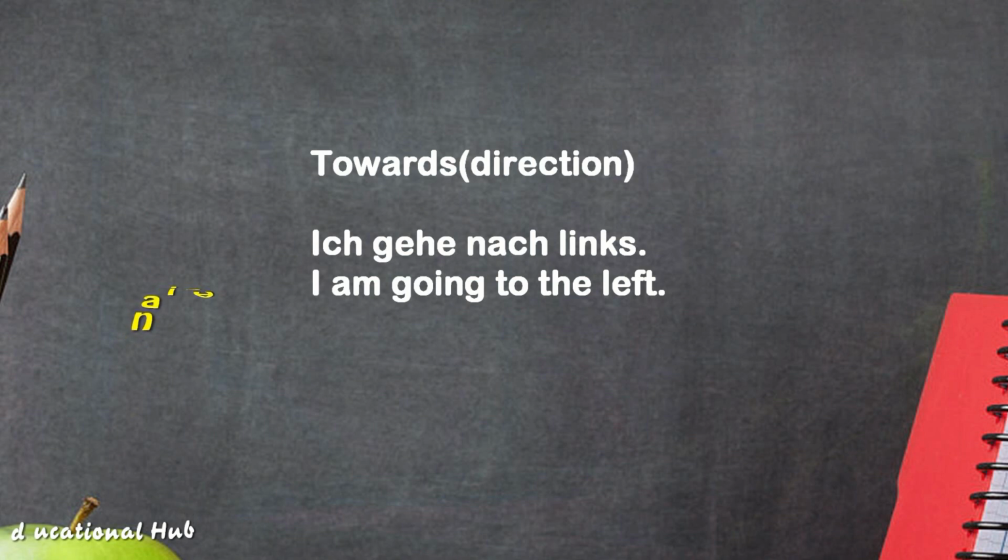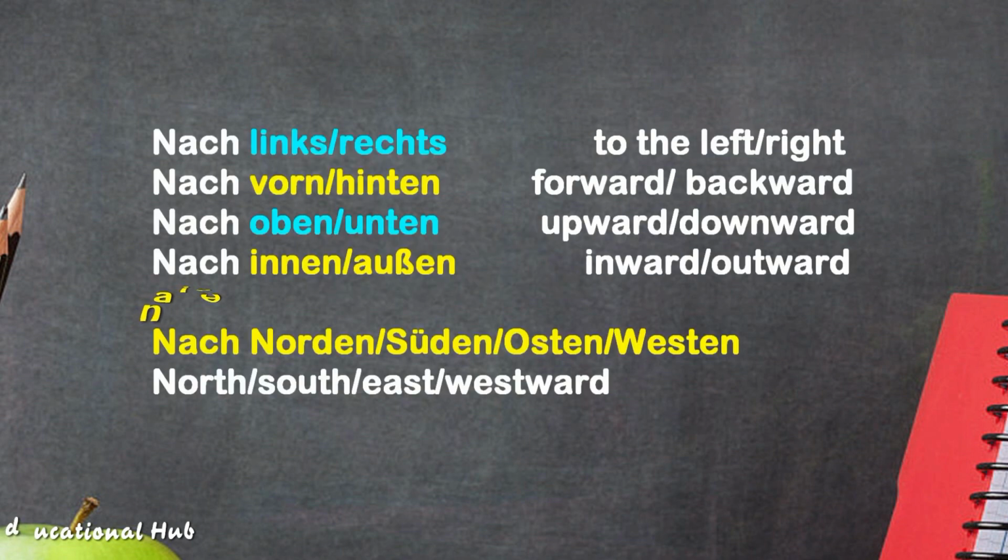Ich gehe nach links. I am going to the left. Nach links means to the left and nach rechts means to the right. Nach vorn means forward and nach hinten means backward. Nach oben means upward and nach unten means downward. Nach innen means inside, inward, and nach außen means outward.